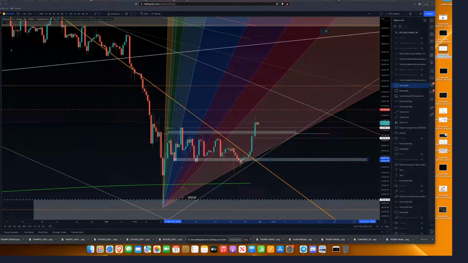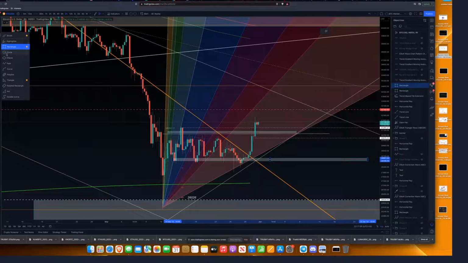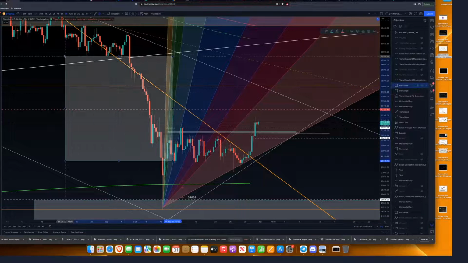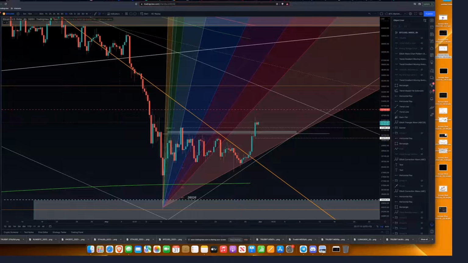So what we're looking for in an entry is this coming back down and seeing support. You can see support, seeing how you can have some wicks like that, but as long as this level is held, and we can see something similar.